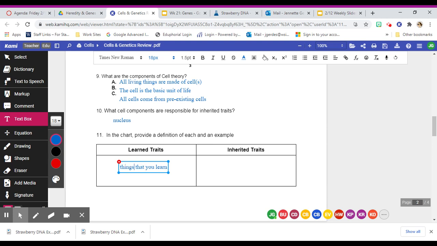Or better yet, you could say traits, characteristics that you learn, how to speak, what language. So I'm going to put my example as spoken language, but it could be like what you wear. So spoken language is what I'm going to write down.